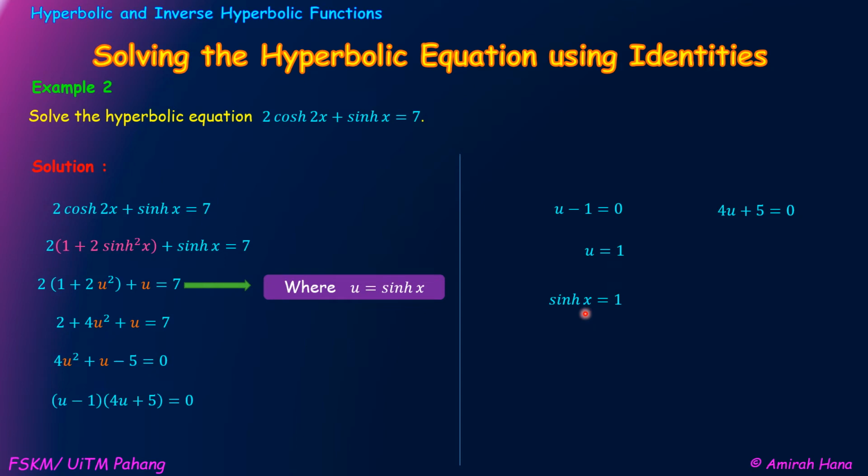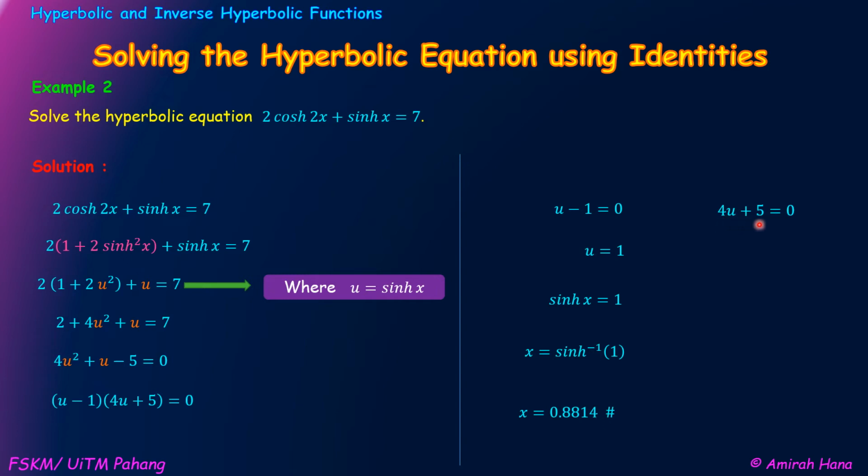To find the value of x, we move sinh to the right hand side, so x equals inverse sinh of 1. When we move sinh to the right hand side, we get inverse sinh. Using a calculator, we got x equals 0.8814 up to 4 decimal places.